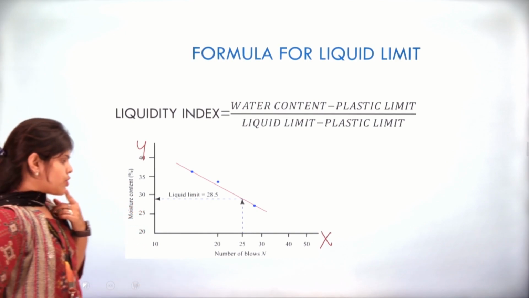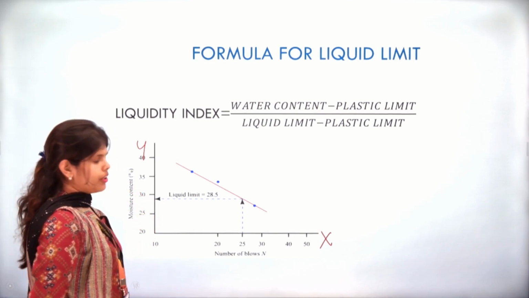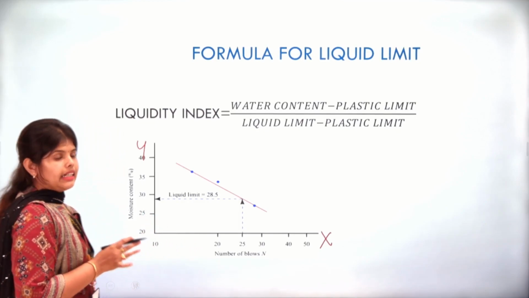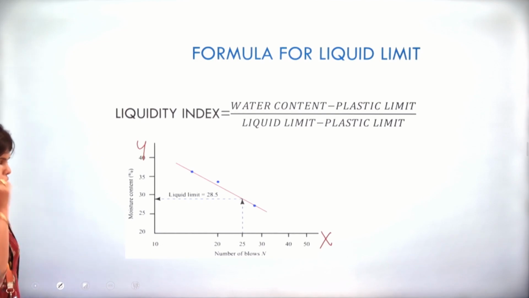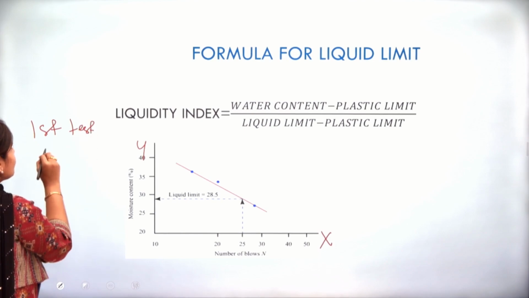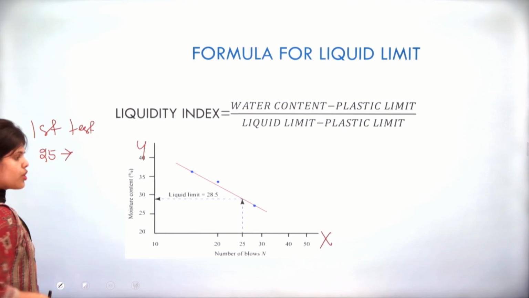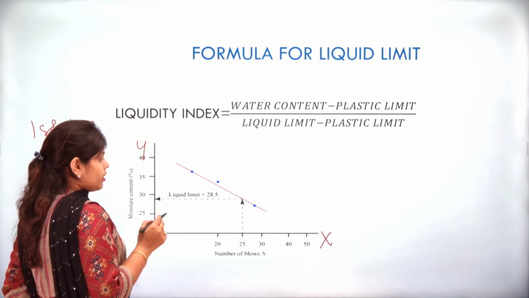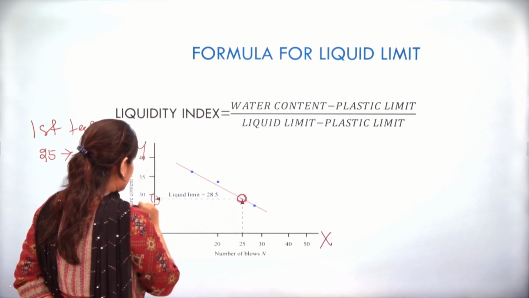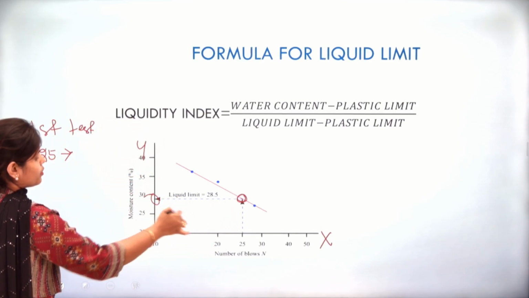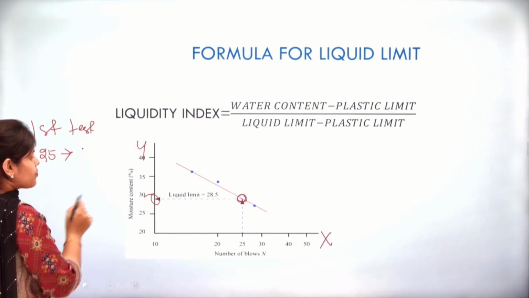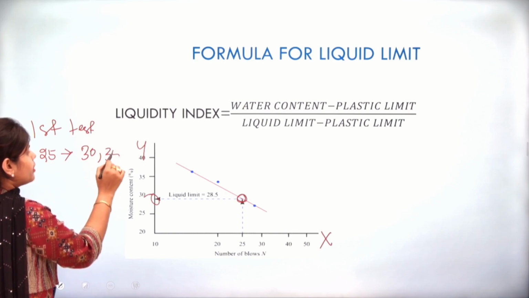In our first test, let's take 25 blows, but the water content will vary. At 25 blows, we note down the moisture content, which will be 30, 35 or anything.